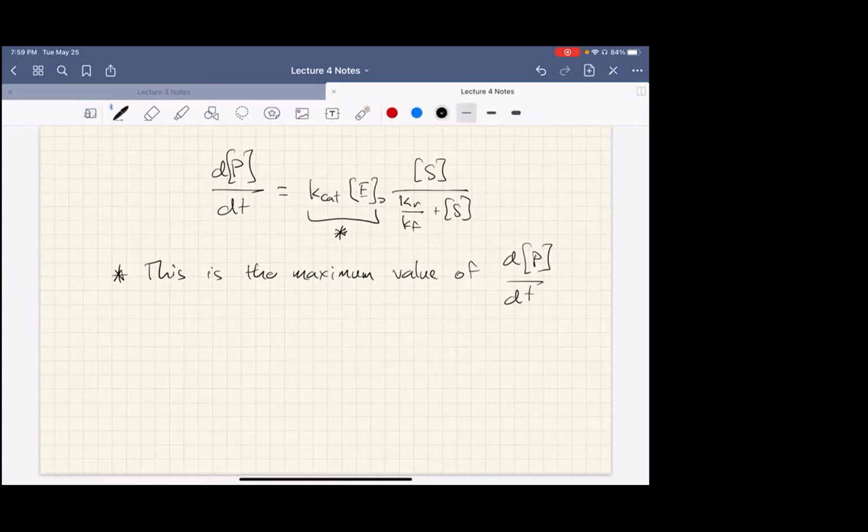The other thing to note here is that if you think back a couple pages, this is the steady state ratio.